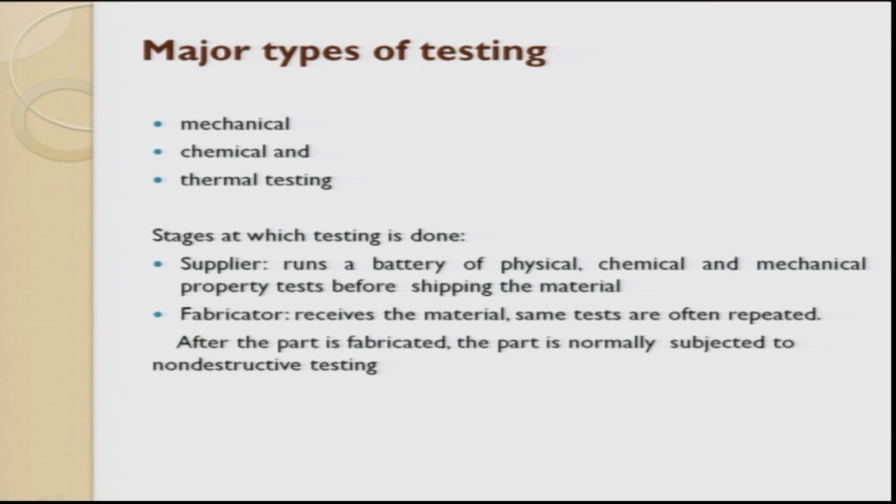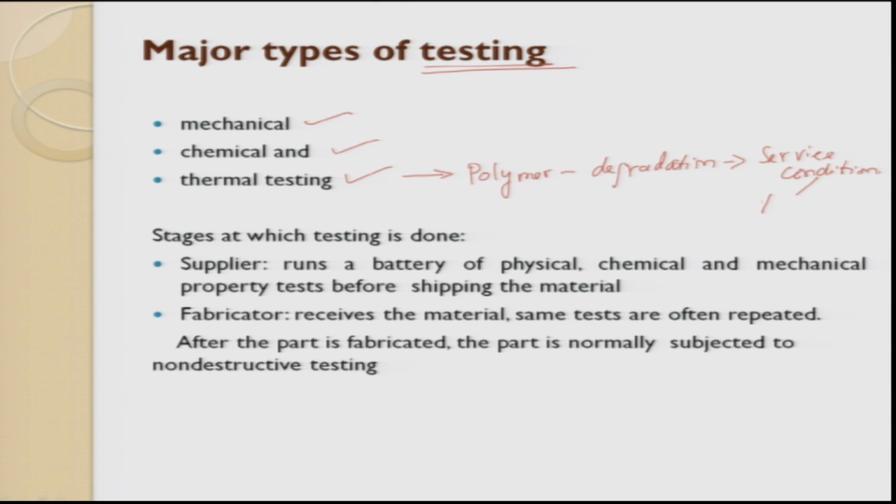So there are basically three types of testing. One is called mechanical testing, the other is chemical testing, and the third is thermal testing. Why thermal testing? Because polymer tries to degrade. So we are supposed to find out what should be the service condition in which we are trying to use the product.